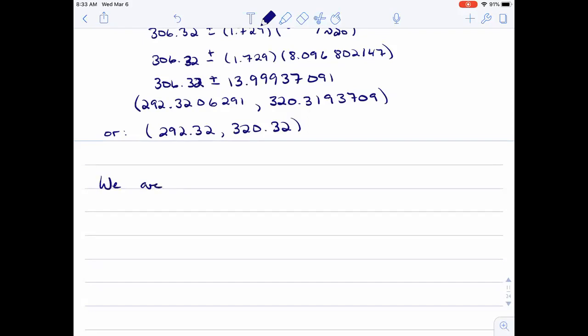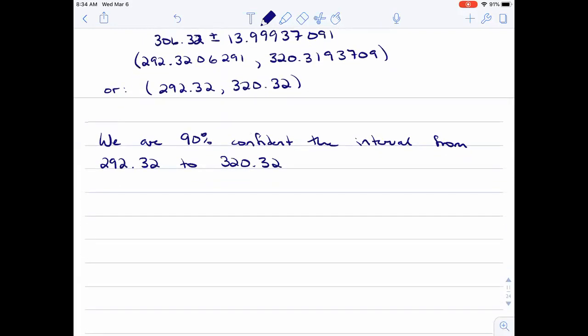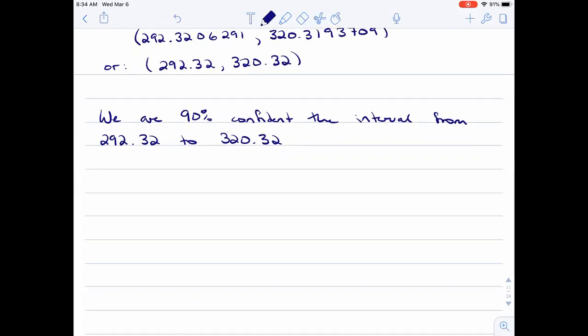We are 90% confident the interval from 292.32 to 320.32. You can throw in units if you want, but I'm not going to.